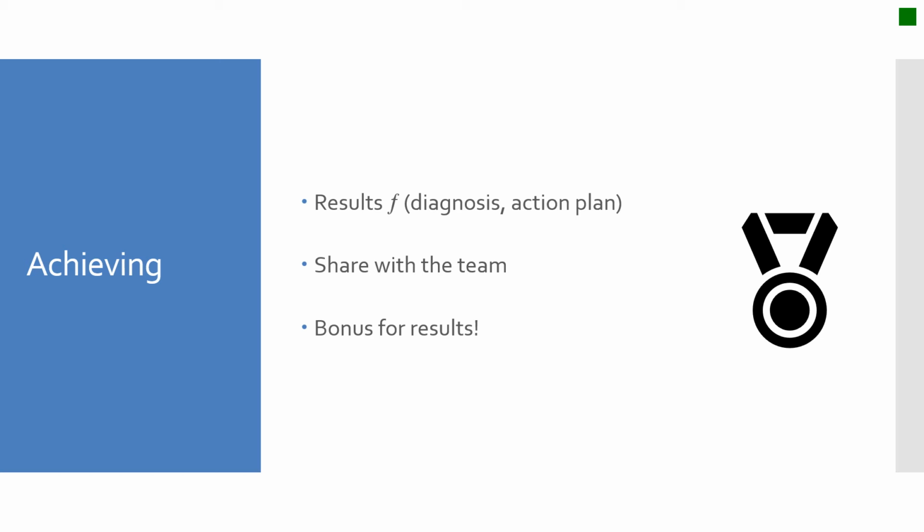The next step is sharing this diagnosis and action plan with the team that will be committed to achieve and sustain the proposed results. And last but not least, I would say that it might make very good sense to set up a bonus for achieved results.